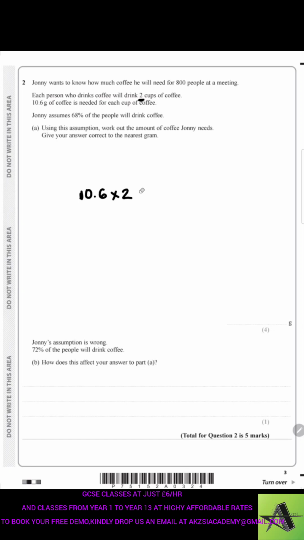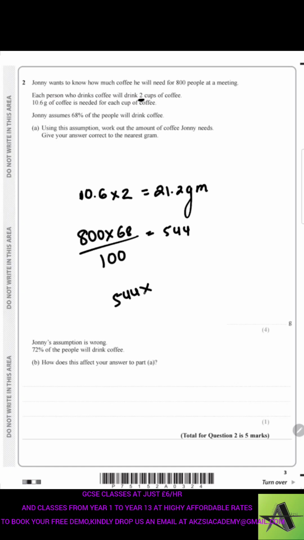So this 10.6 into 2 will give you 21.2 grams of coffee required for each person. We have to calculate 68% of 800, which is 544. So 544 people require 21.2 grams of coffee each, which is 11532.8. In this question, we required the concept of percentage only, that's it.